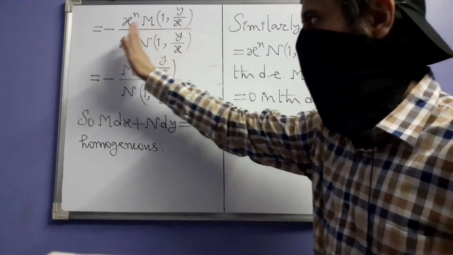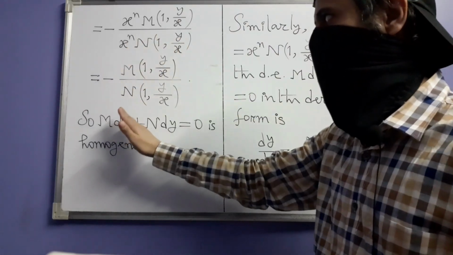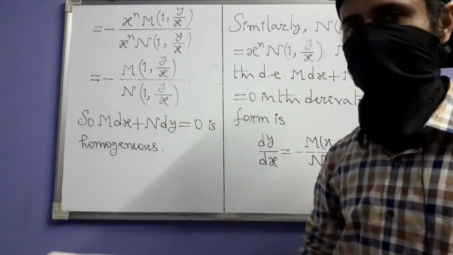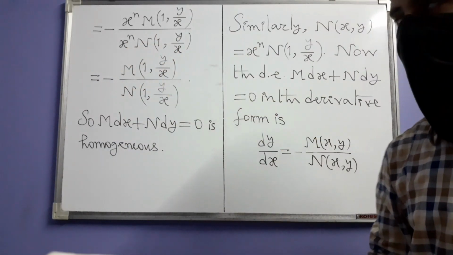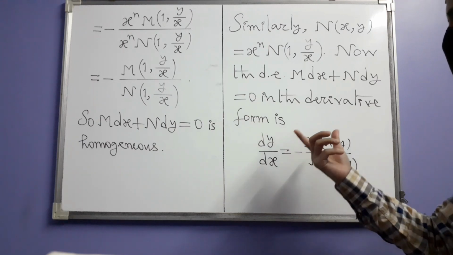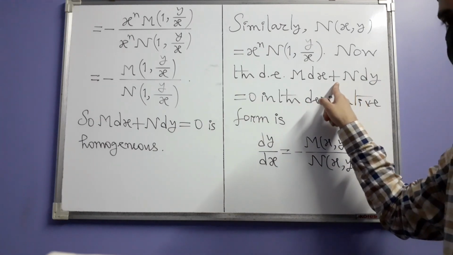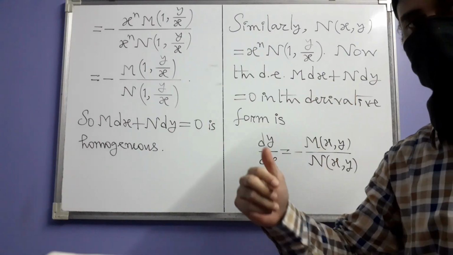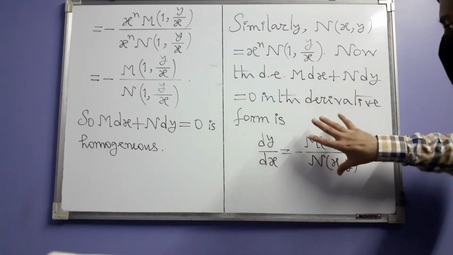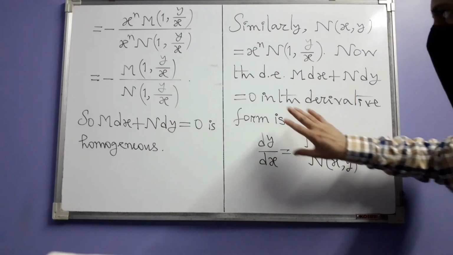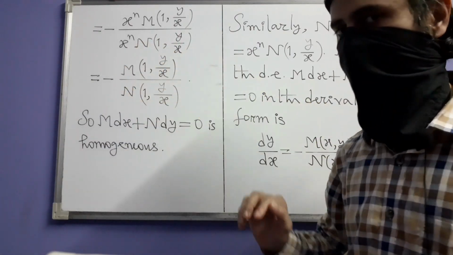Note that this in its entirety is a function of y divided by x after all. So you have first turned the differential equation from differential form into derivative form, and then you find that the right hand side is a function of y divided by x only.